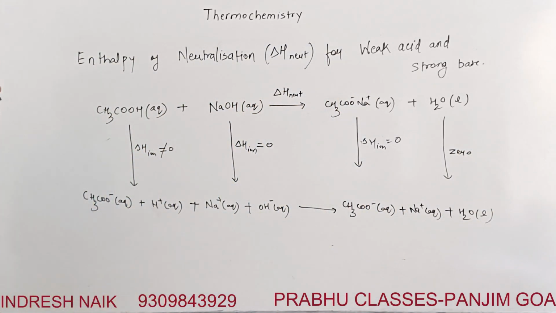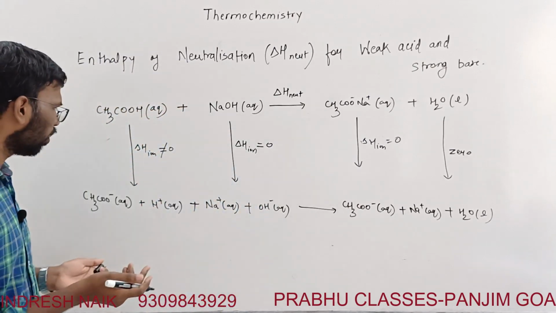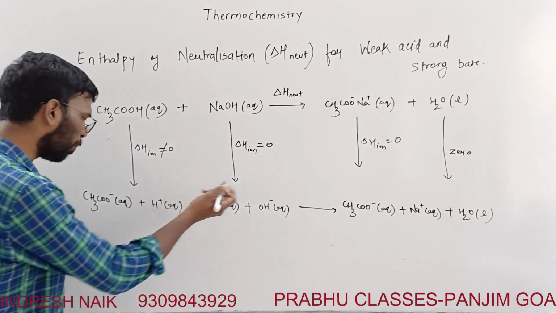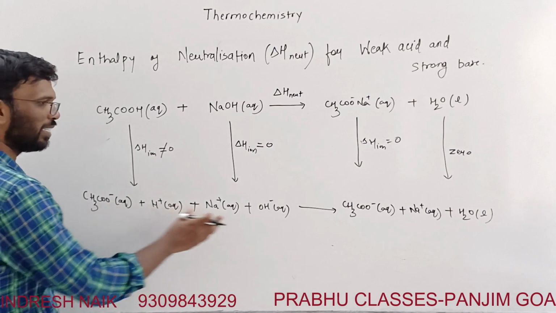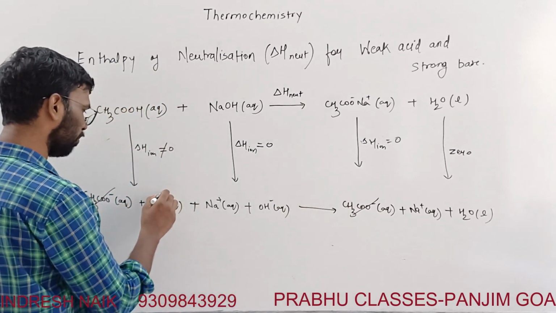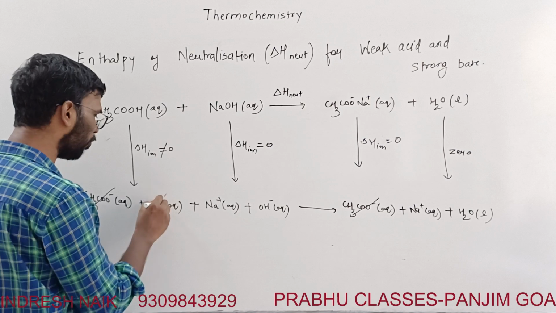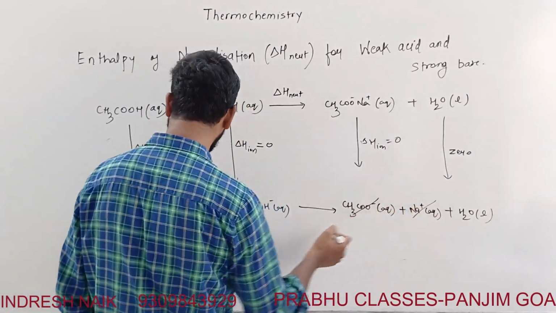How will we write this? We want to write this using Hess's law. Before that, they are remaining as they are, this and this. This will not contribute to any heat, because before and after they remain the same, no? Na and Na.